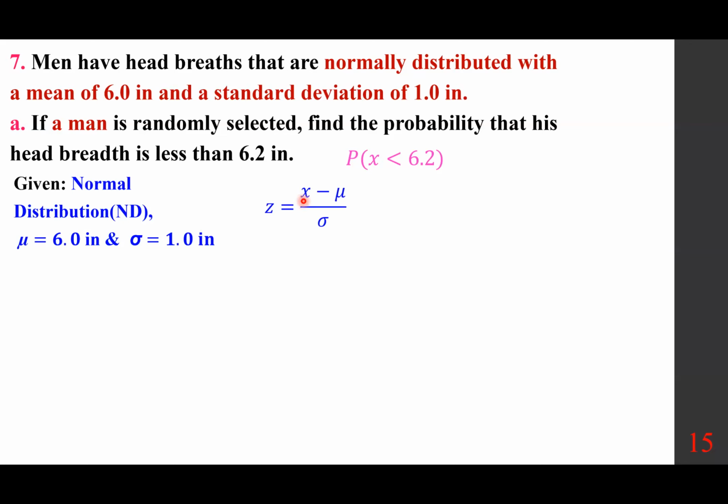So x is 6.2. We wrote mu and sigma as 6 and 1. We end up with 0.2. So we want the probability of x less than 6.2, which is the same as the probability of z less than 0.2. This is normal distribution. This is SND, standard normal distribution.